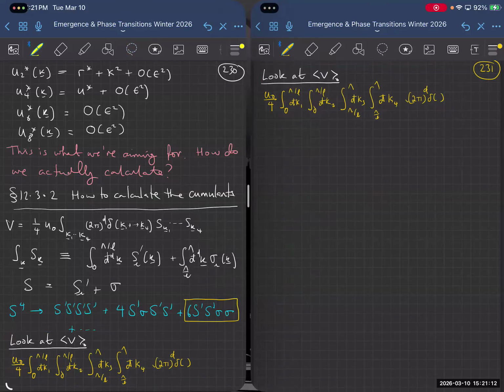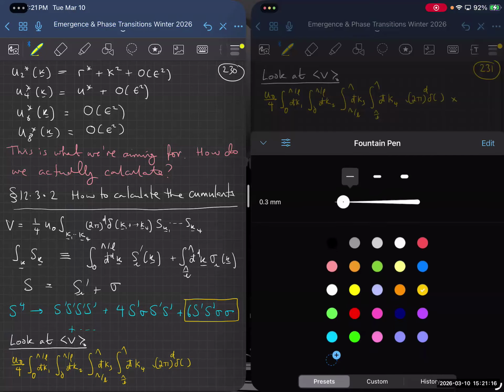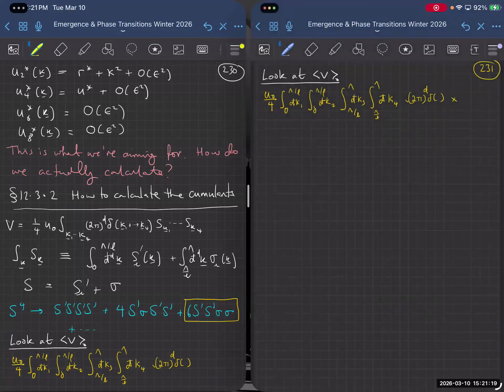Okay, so I've got that. And then the next thing I'm going to have are the fields. So I'm going to get a field S_L prime of k1, S_L prime of k2. So that's the first two S's.